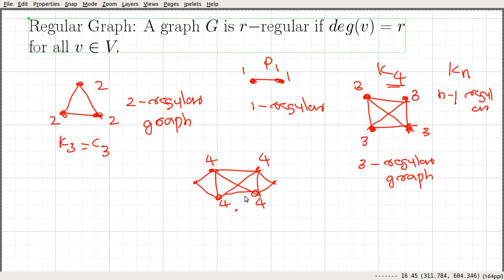And if you consider the degree of this one, the degree is 2, and the degree of this is 2. So here we have vertices of degree 4 and vertices of degree 2. So this is not a regular graph.